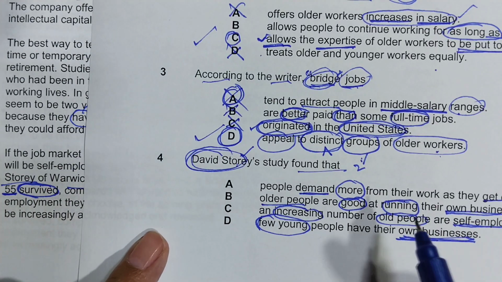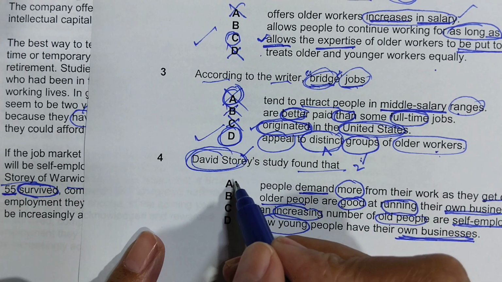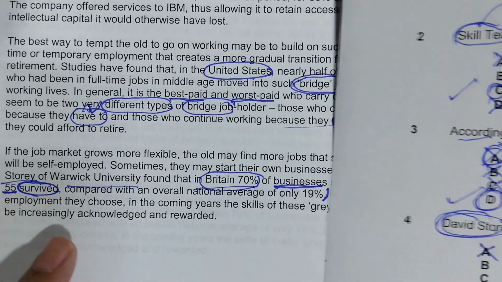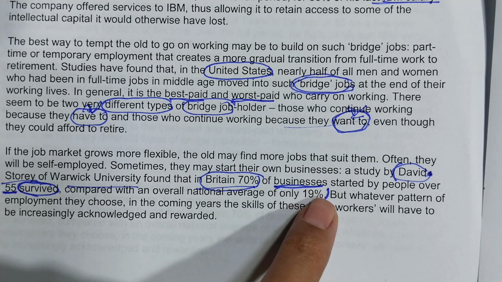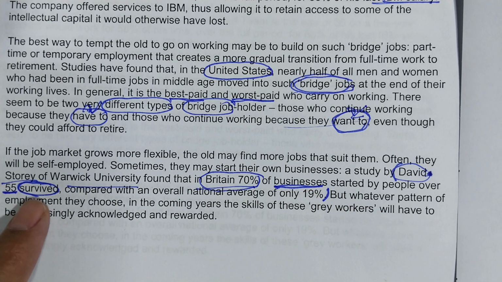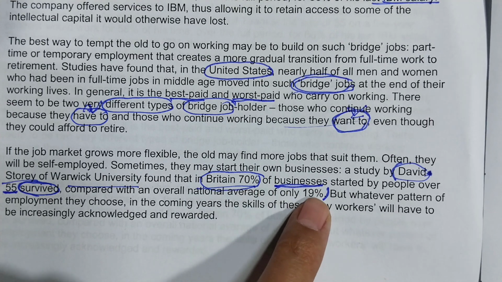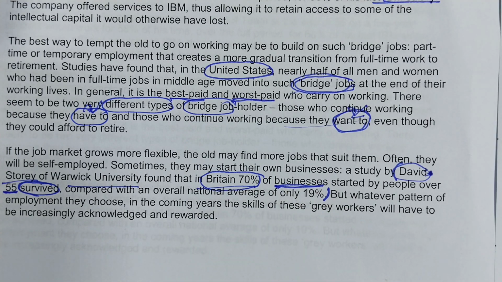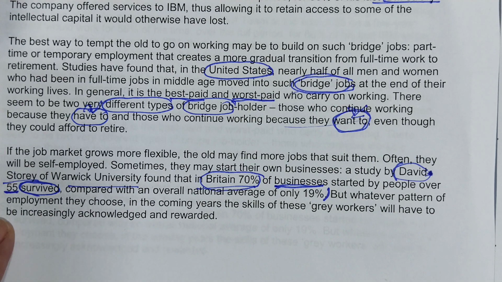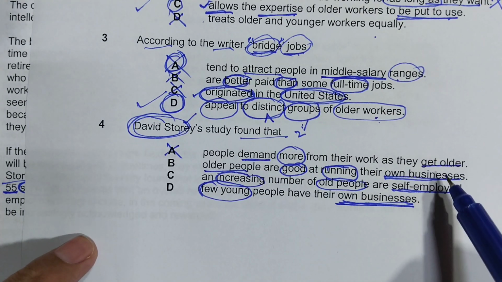In this line, they're not talking about older people demanding more salary, because here they're saying 70% of businesses started by people over 55 survived, compared with an overall national average of only 19%. So they're not demanding more salary.